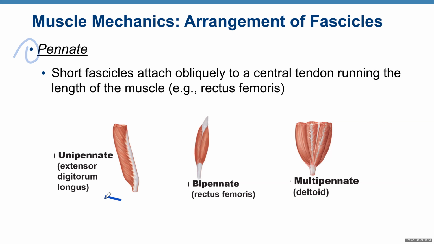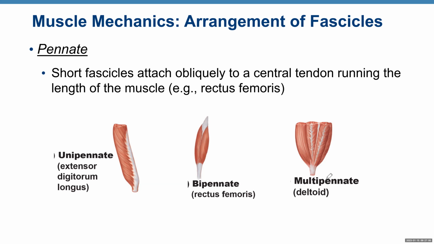And we have unipinnate, when we have short fascicles attached to the tendon on one side only, extensor digitorum longus. Bipinnate, attachment on both sides to a single tendon, example, rectus femoris.